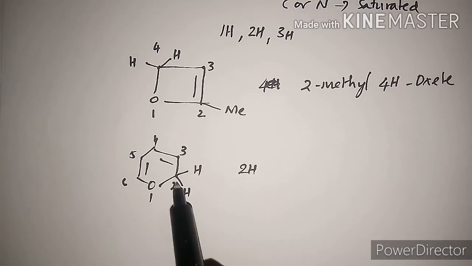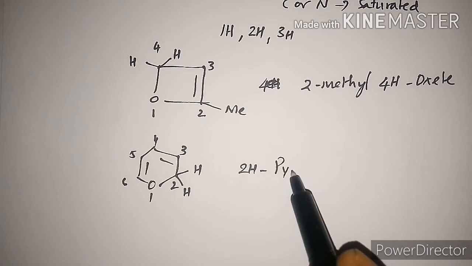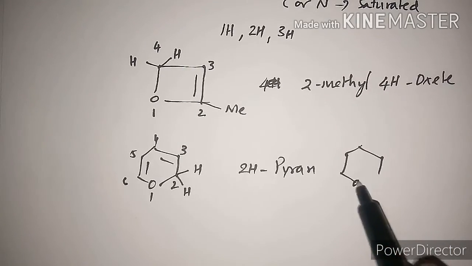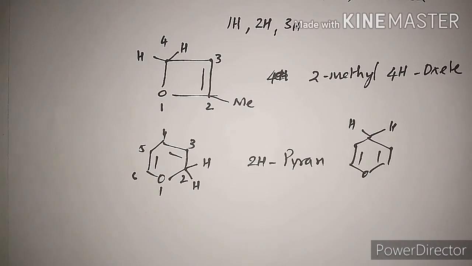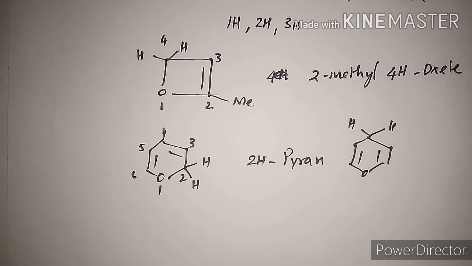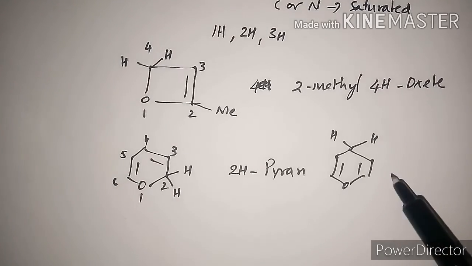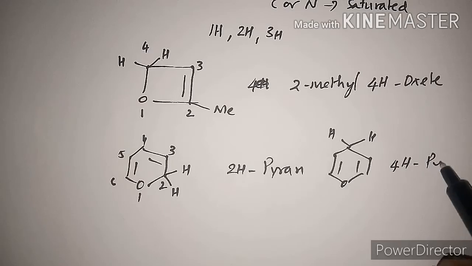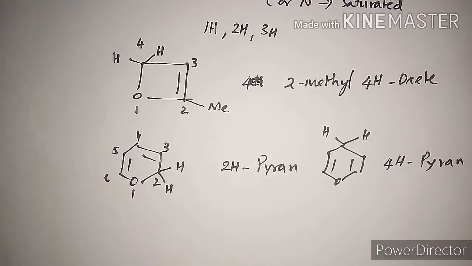Now we have 2H, the saturated carbon, it's a pyran. The double bonds can be rewritten in different ways. We have written it in a different way. So this is 4H-pyran. Now the saturated carbon can be indicated with the 4H.